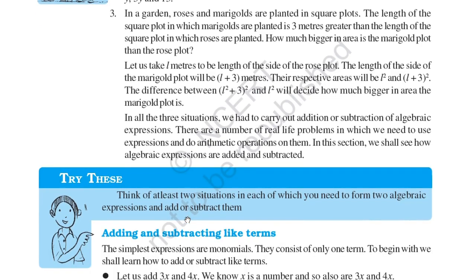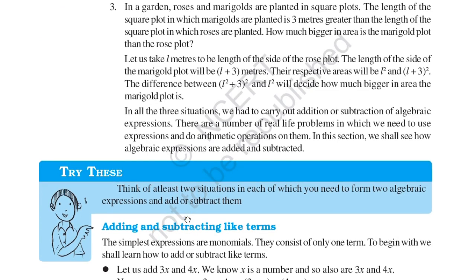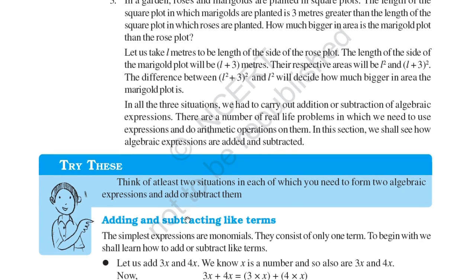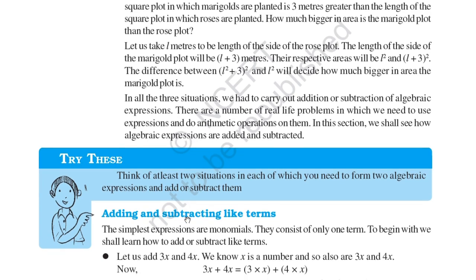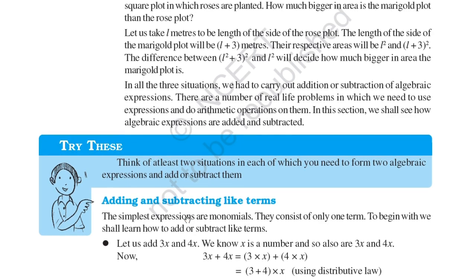The length of the side of the marigold plot will be L plus 3 meters. Their respective areas will be L square and (L plus 3) whole square. The difference between (L plus 3) whole square and L square will decide how much bigger in area the marigold plot is. In all the 3 situations, we have to carry out addition or subtraction of algebraic expressions.